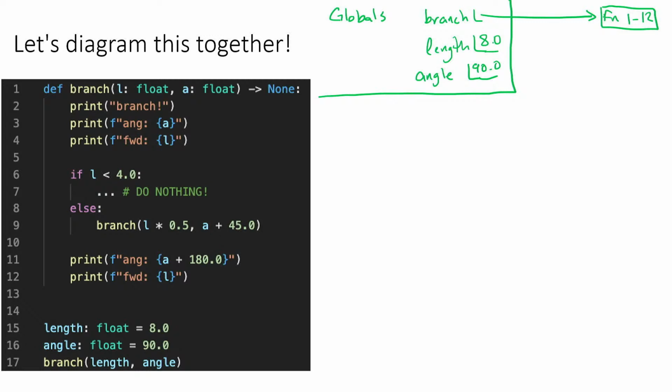I'll ask folks who are in class to raise their hand, or to respond to the message I'll send, if this is a recursive function. All right, I see a lot of hands. Absolutely it is. And I'm glad that you're recognizing that when you see a function call within a function that's calling itself, you've got recursion.